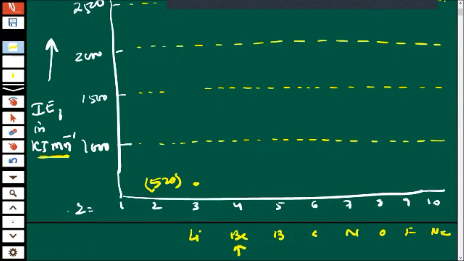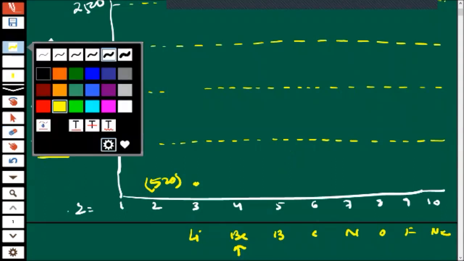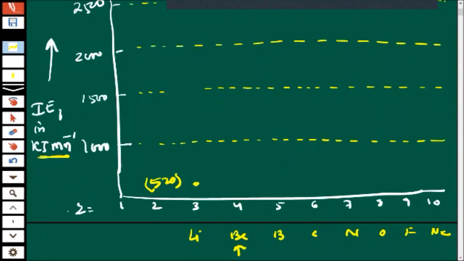Boron is having 800, somewhere here, 800 kilojoule.